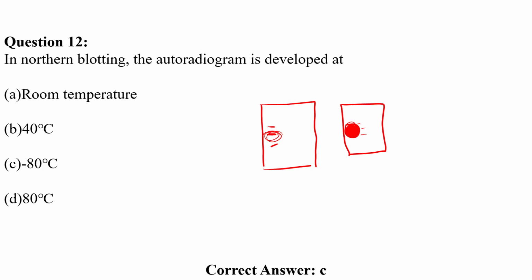But if we see a big blotch covering all 3 bands, we won't be able to determine which is the mRNA that is actually getting expressed inside the cell. So that's why the development is done at a very low temperature, so that we can get a very precise signal for the radioactivity. Okay.